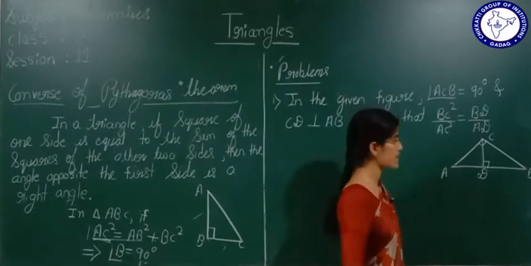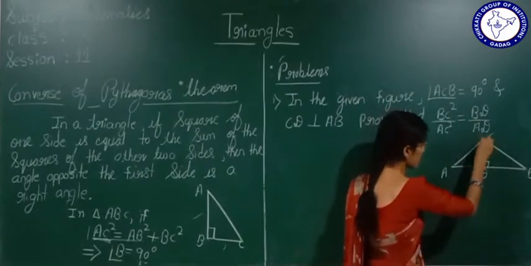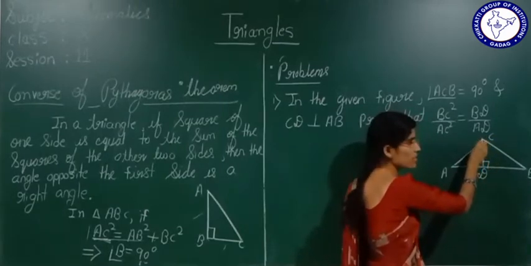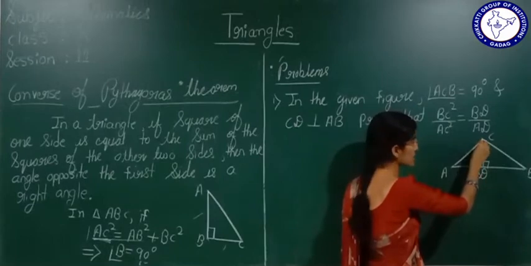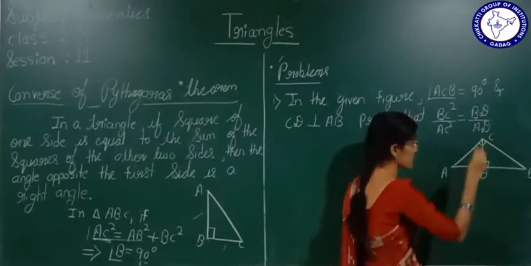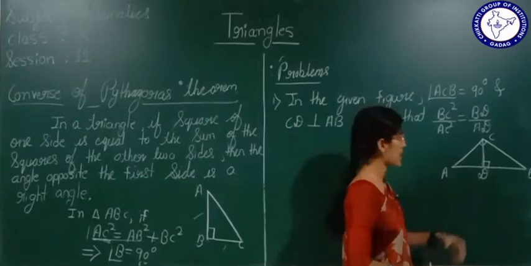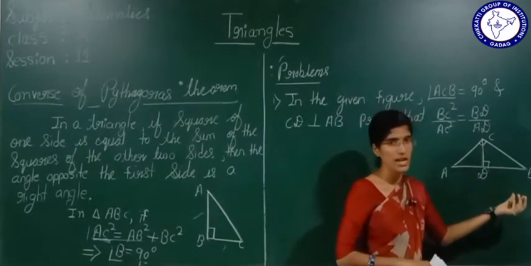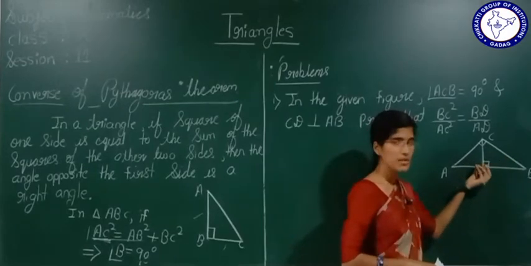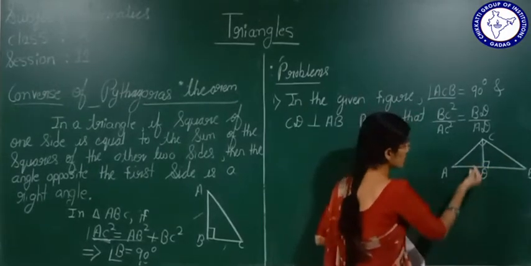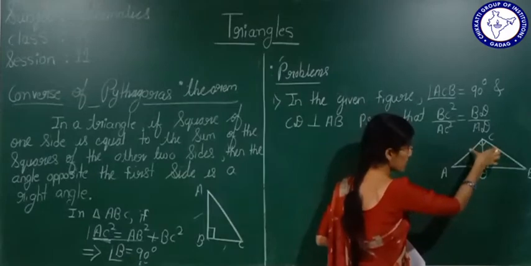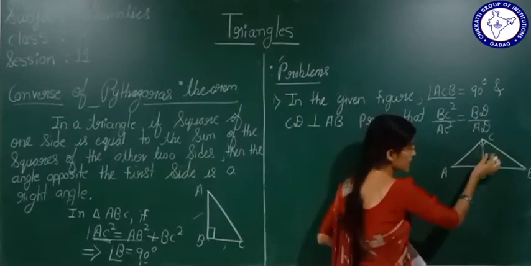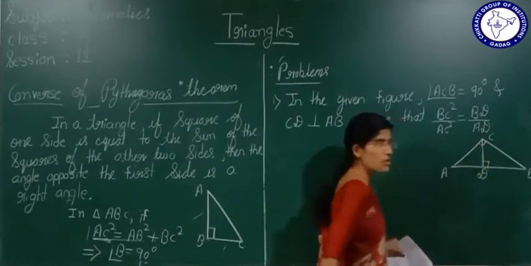Now we know that if a perpendicular is drawn from the vertex of the right angle of a right triangle to the hypotenuse, then the triangles on both sides of the perpendicular are similar to the whole triangle, and these two triangles are also similar. Yes or no? We knew that. This triangle is similar to the whole triangle, and this small triangle is also similar to the whole triangle, and these two triangles are also similar.